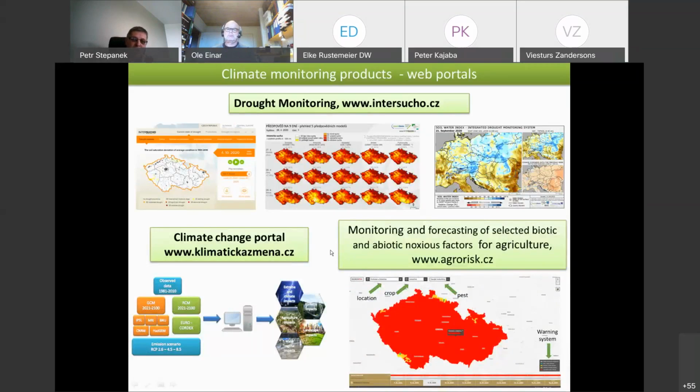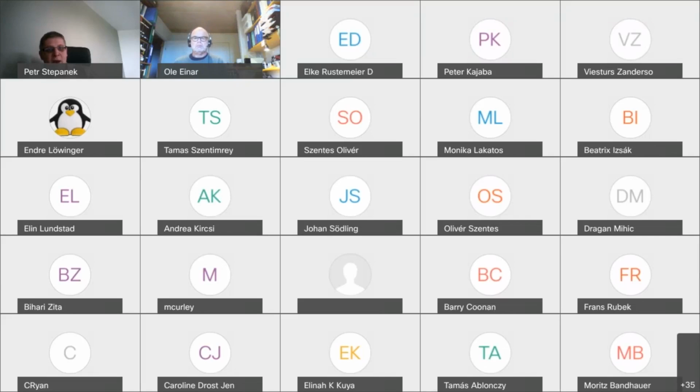And among our newest products belongs this activity where we monitor and try to forecast biotic and abiotic noxious factors for agriculture. So this was all together. It was just to show you where quality controlled and homogenized series can be applied.